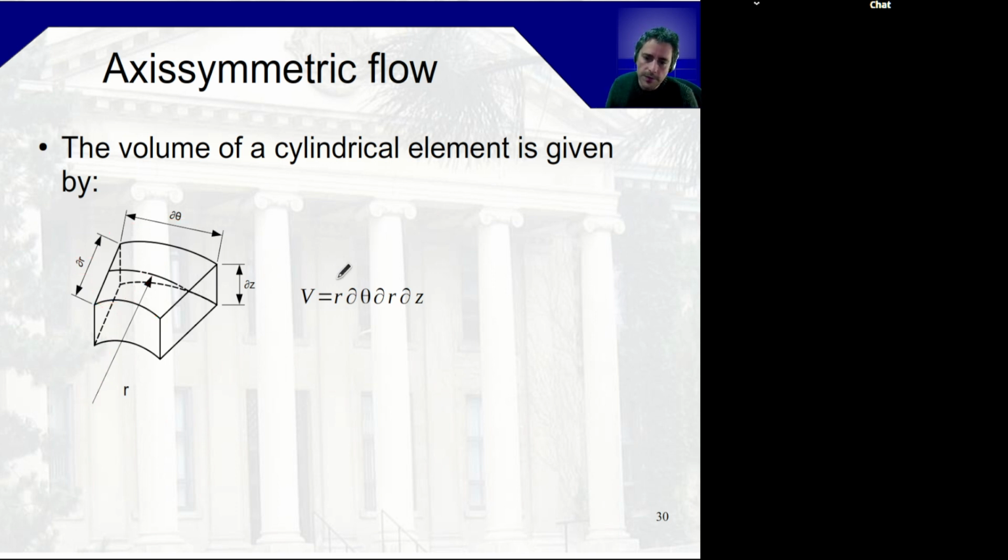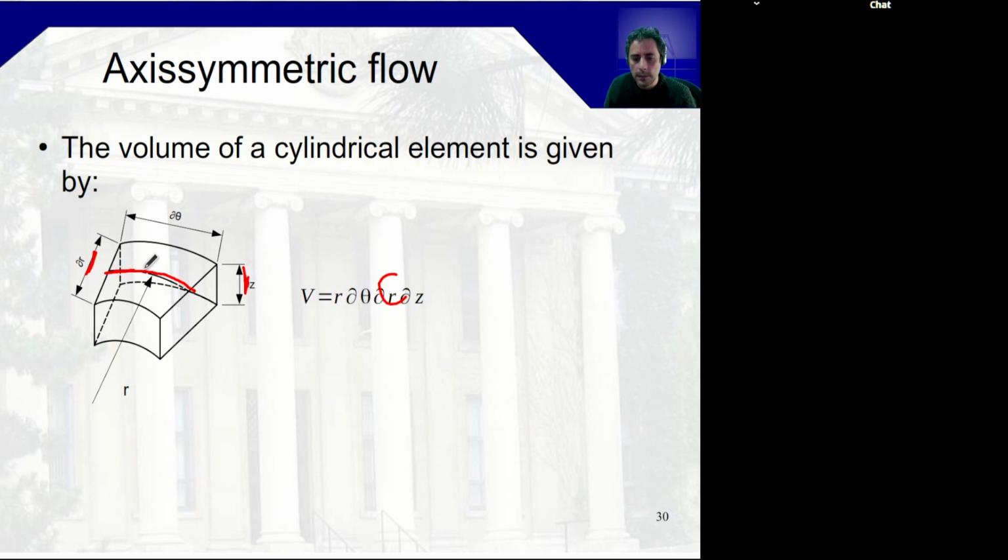And the volume of a sector is what? It's r d theta. That gives us the length of the arc. And so we assume equal in all directions, but each element will be smaller. So times dr times dz.